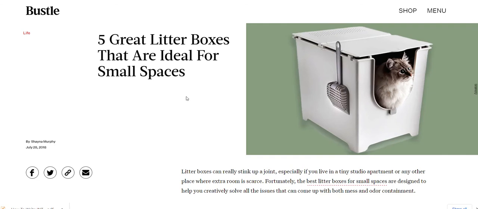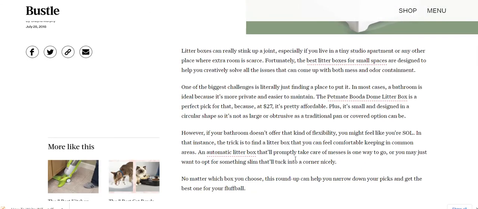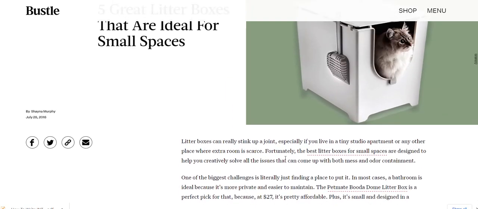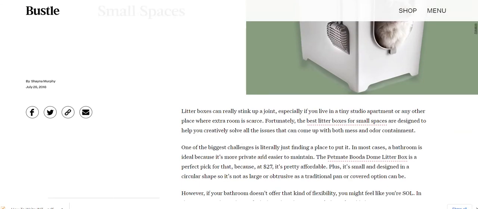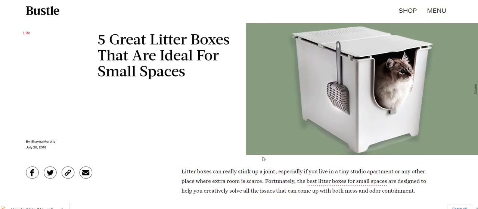This is a very specific product. So this means that when you are writing a review, your focus should be on the small space. The wrong introduction would focus on what litter boxes are, the history of litter boxes, what litter boxes are for. I hope you can see why those approaches are wrong.